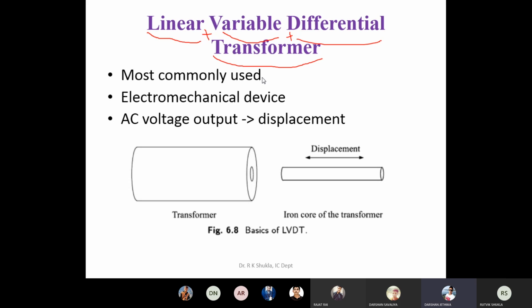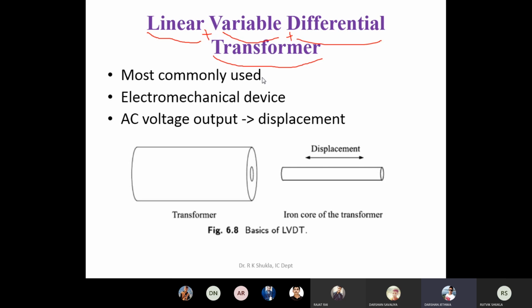Sir, it measures a linear displacement, and variable is here we displace our rod to various points. Like in a resistive transducer we see that our displacement is fixed, but here there is a variable displacement of our core.